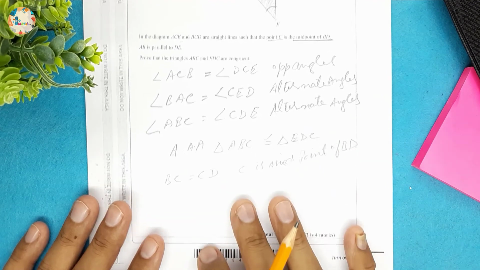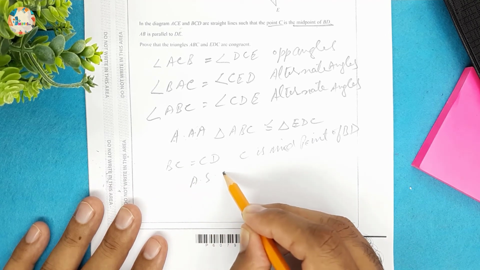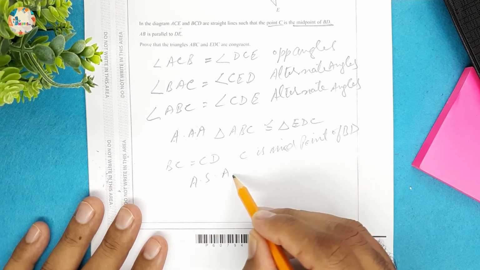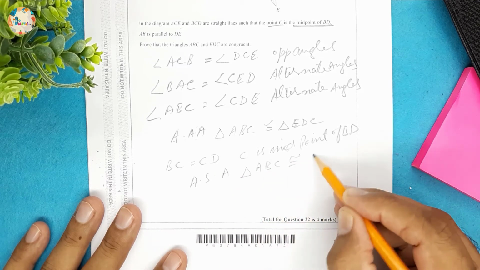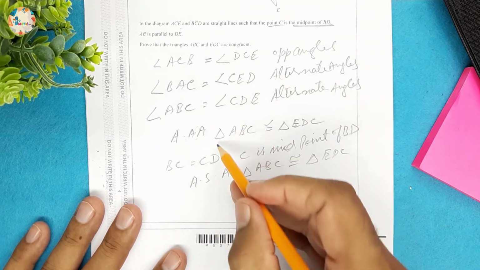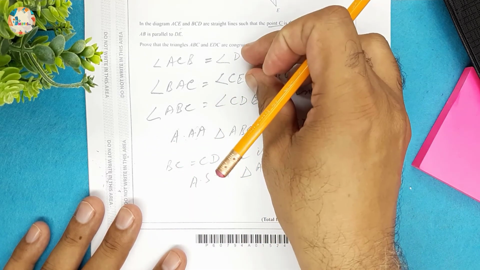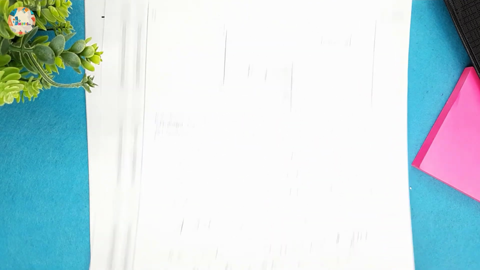In that case we will be using the angle side angle theorem, and we will write triangle ABC is congruent to triangle EDC. There are basically two options. You can use this option or you can use two angles and this option. So in that case it will be angle side.